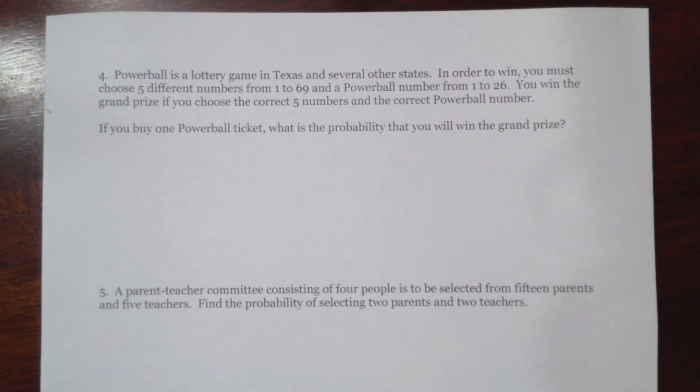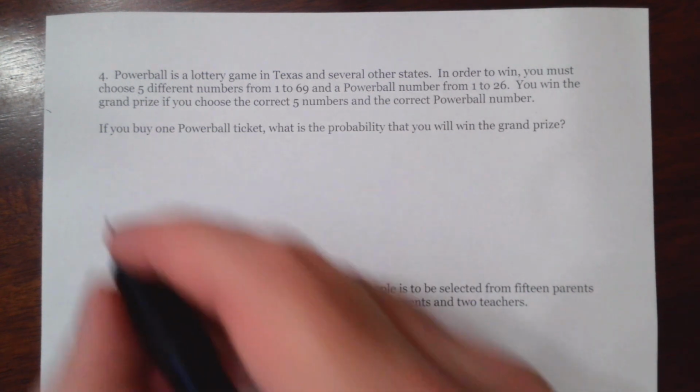I think the 5 balls are white and then the Powerballs are red. You win the grand prize if you choose the correct 5 numbers. Notice order doesn't matter here. You just have to pick the right 5 numbers and also the correct Powerball number. If you buy 1 Powerball ticket, what is the probability that you will win the grand prize?